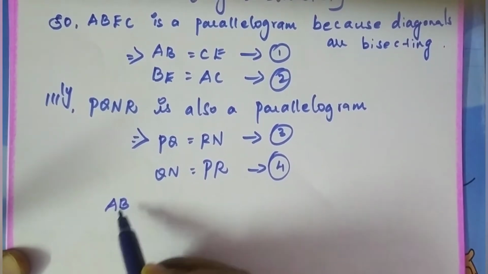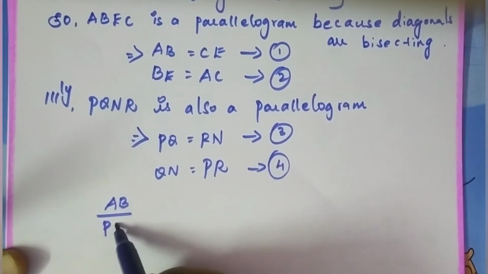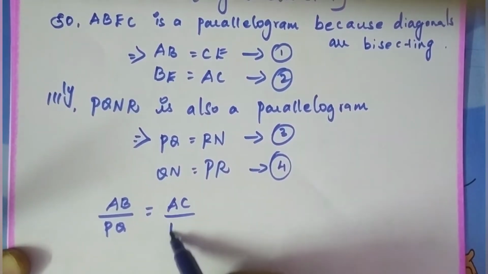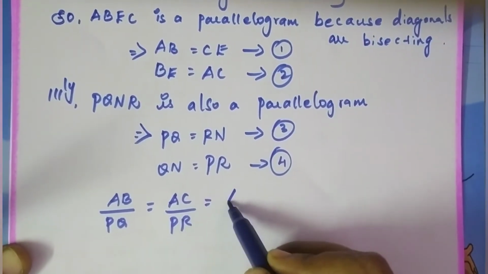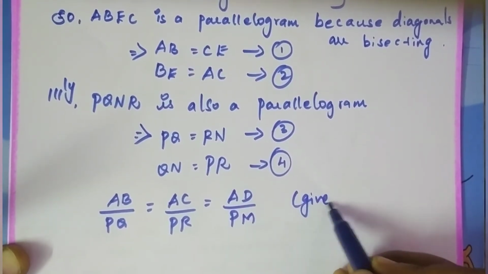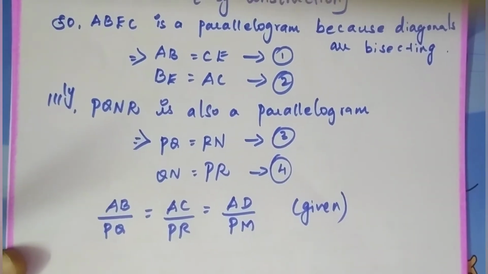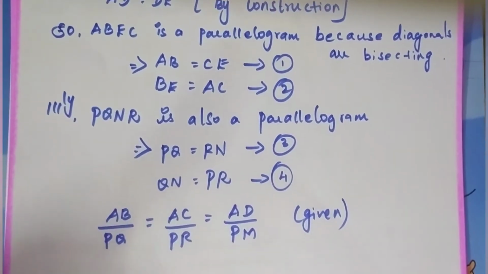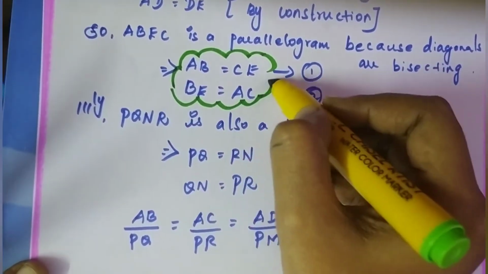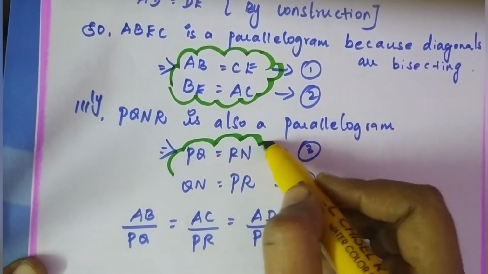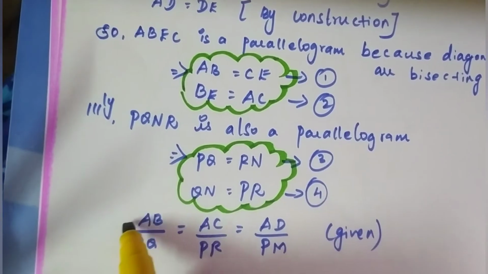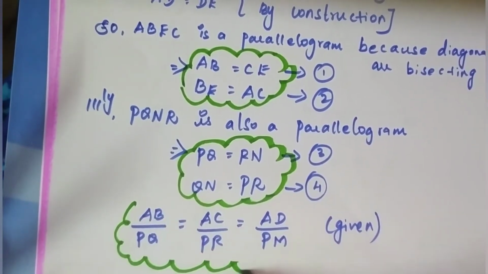AB divided by PQ is equal to AC divided by PR is equal to AD divided by PM. Given. Why have we taken this one? We proved that AB is equal to CE, BE is equal to AC, PQ is equal to RN and QN is equal to PR.